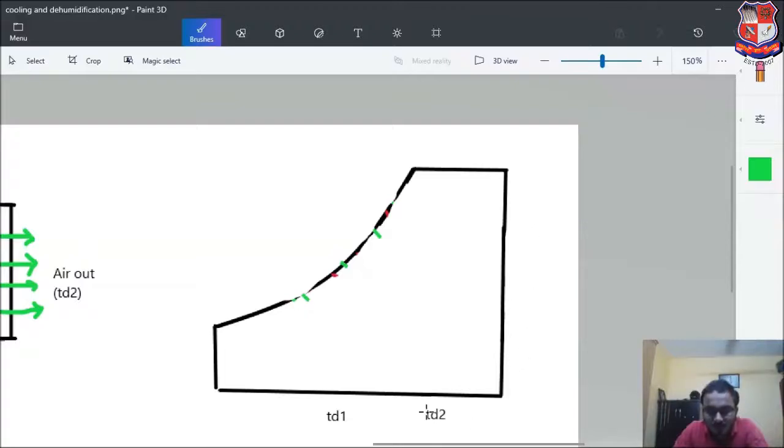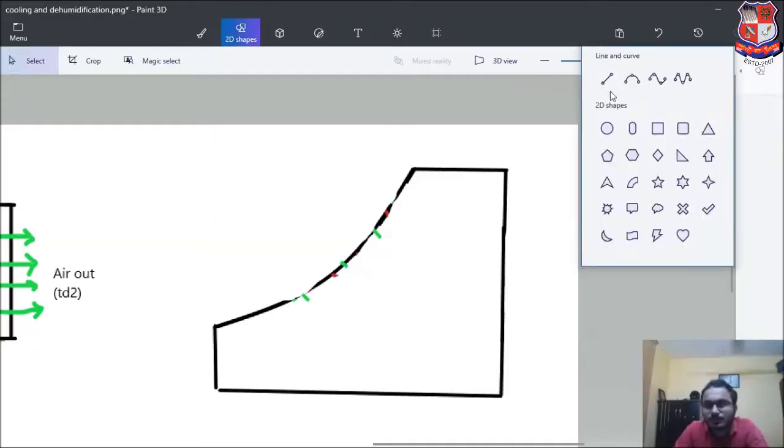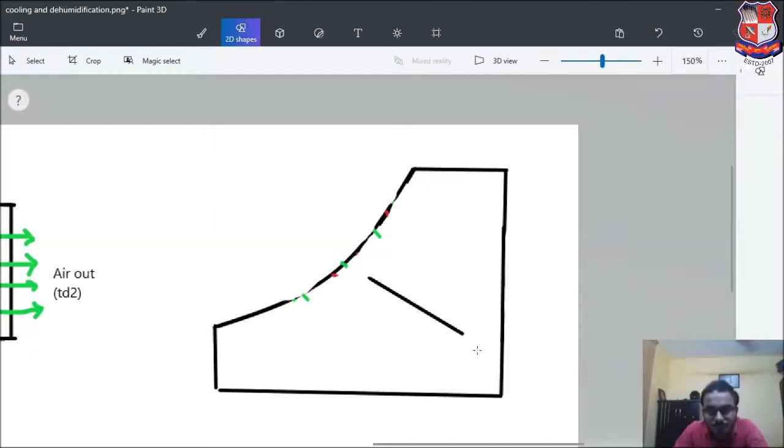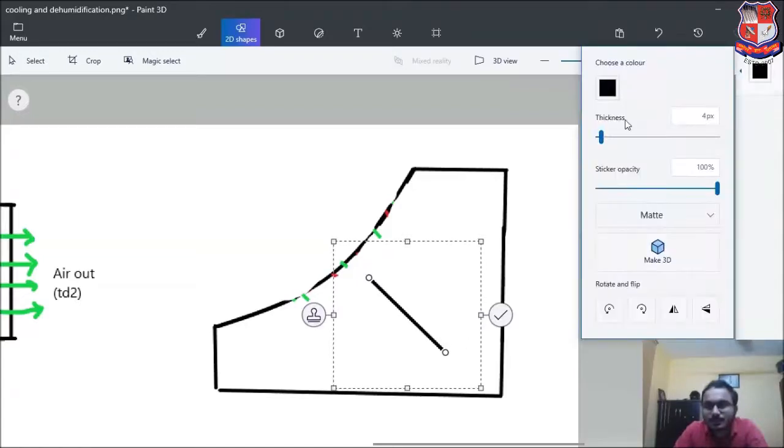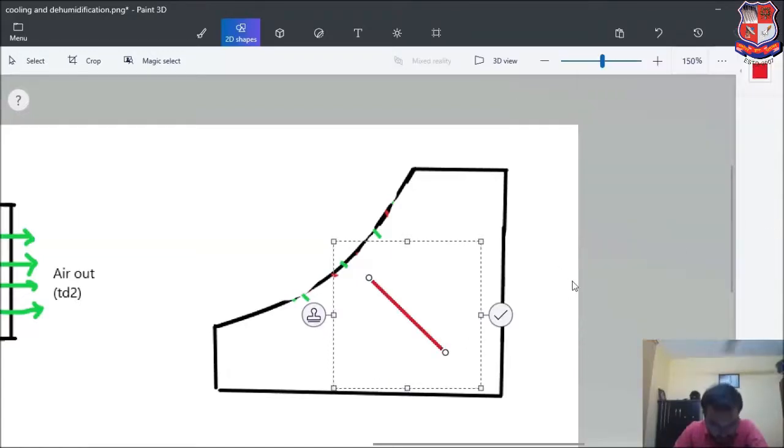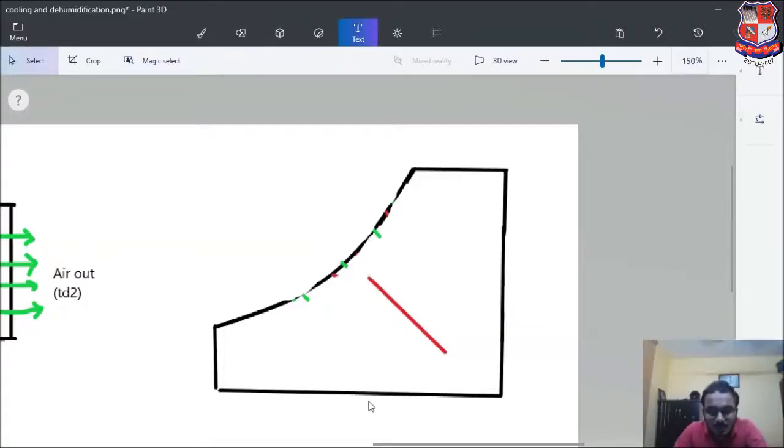So as it is a dehumidification process, it will be like this, and its temperature will get increased here. That is, initially it was TD1, here it is TD1, then here it is TD2.